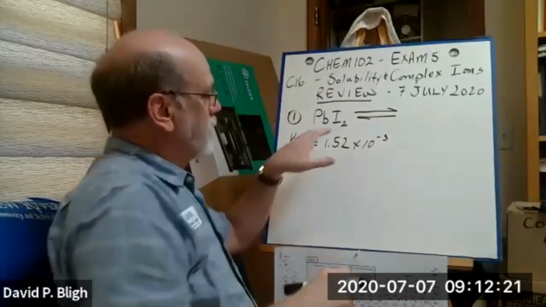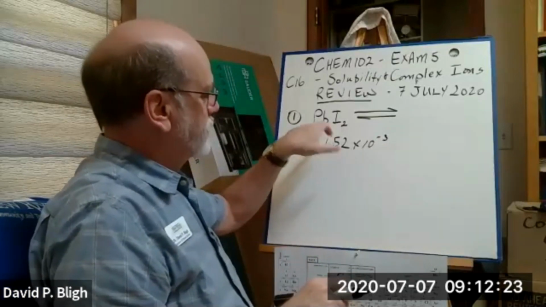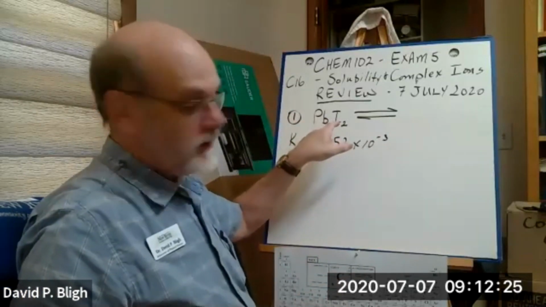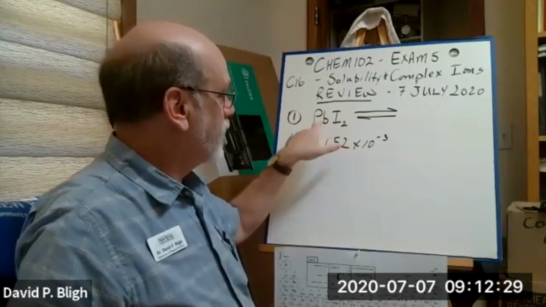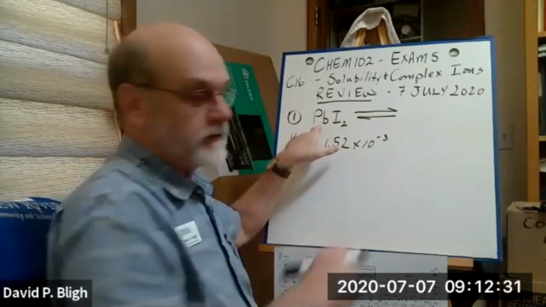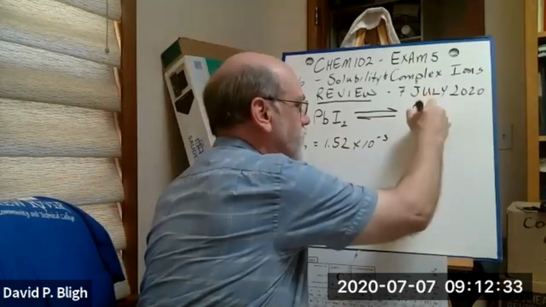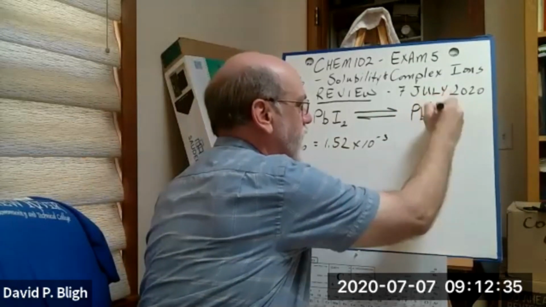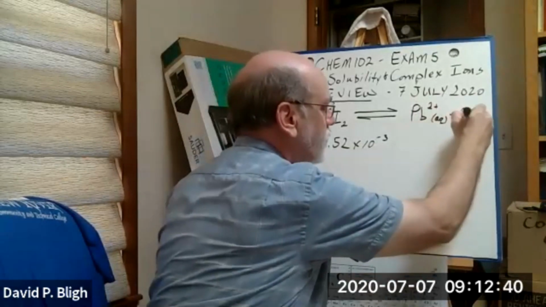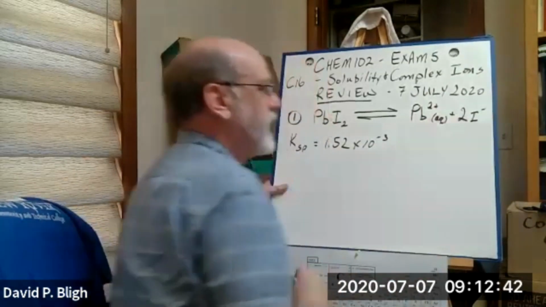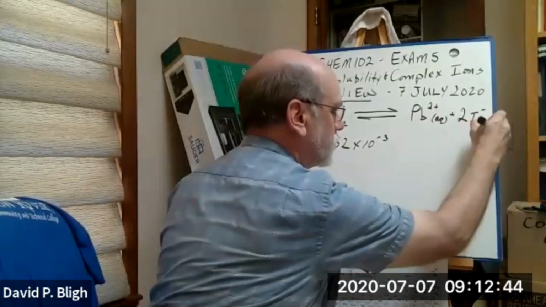Okay, so what would this produce? If that's written correctly, we know that all halogens are a -1 charge, so that means this one has to be a 2+ charge. So we have that and that in aqueous solution.